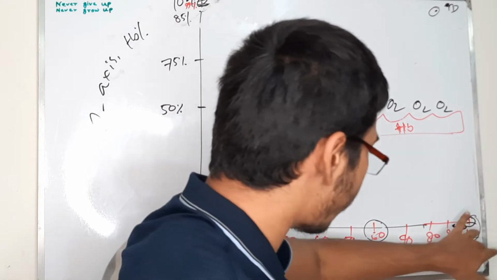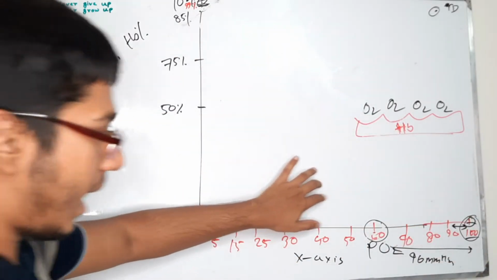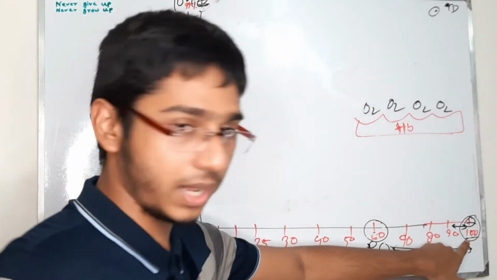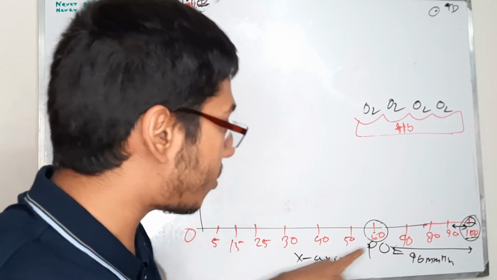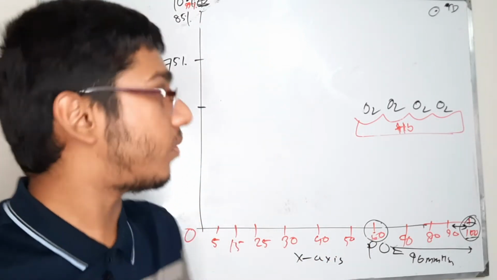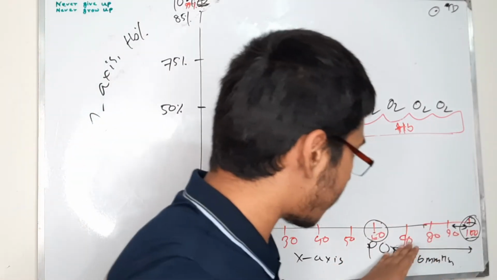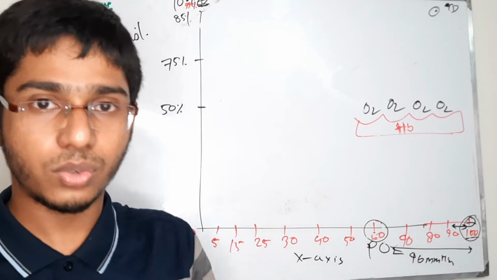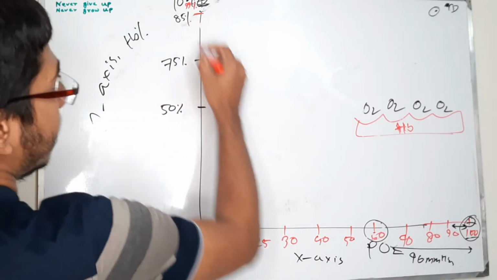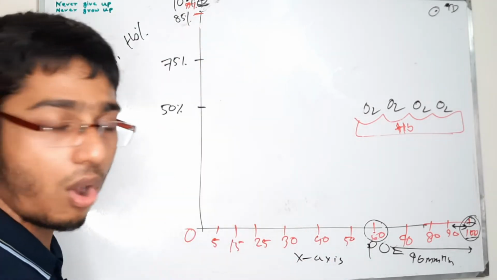If I move to my left to the point of 60 millimeters of mercury from 100 millimeters of mercury, then I'll still see 80% of the hemoglobin remaining saturated with oxygen, because at this place hemoglobin is very much committed to its wife, which is oxygen. Okay, so still 80% of the hemoglobin remains attached to the oxygen.